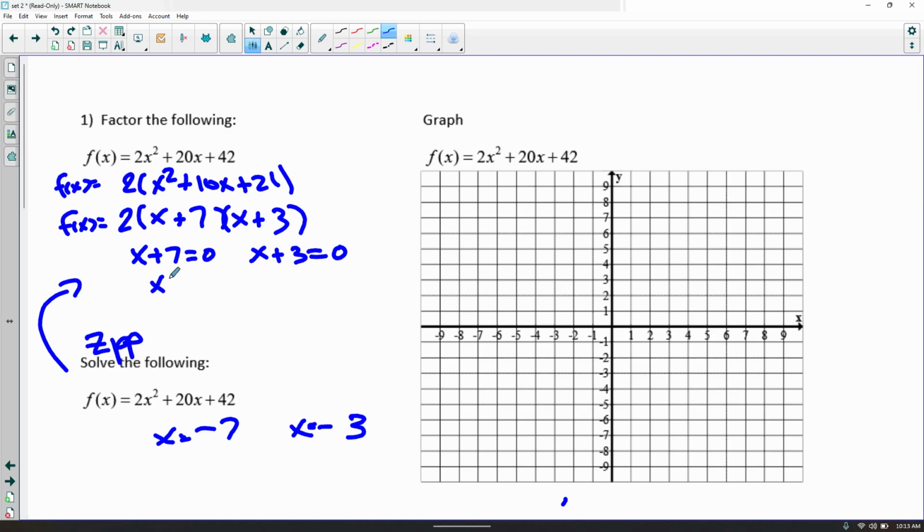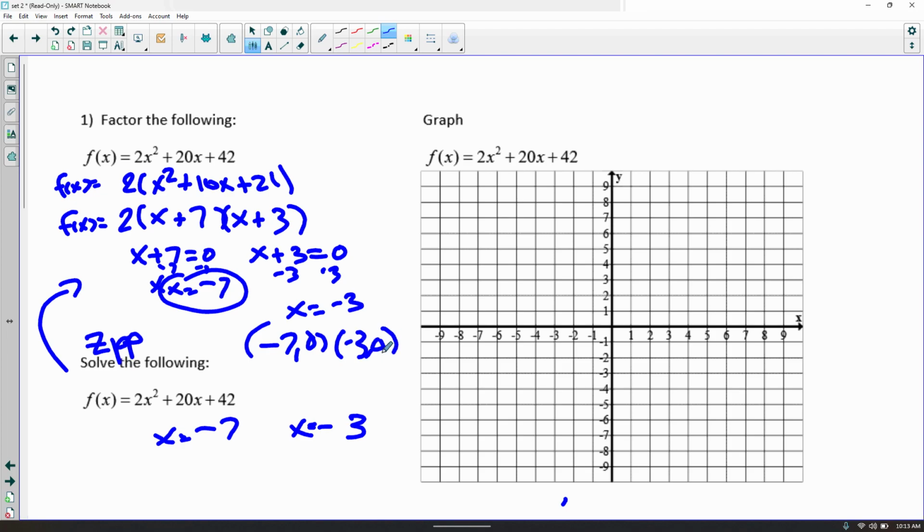Then subtracting the 7, so x is equal to -7. Subtract the 3, x equals -3. So (-7, 0), (-3, 0). -7 is right here, -3 is right here.